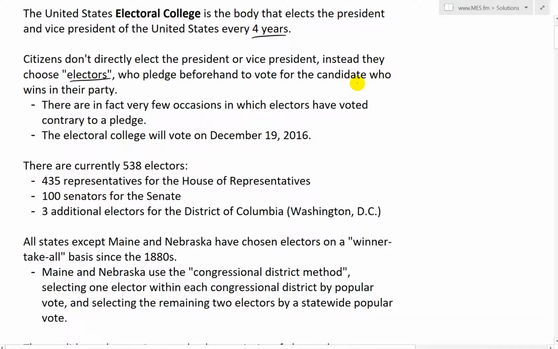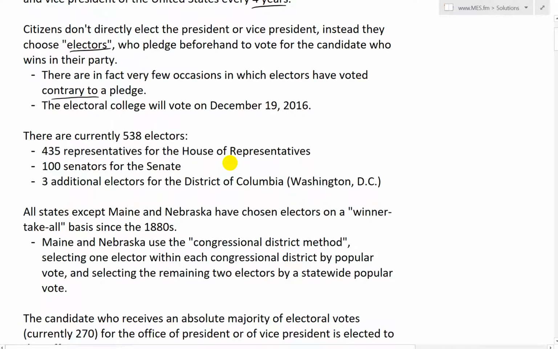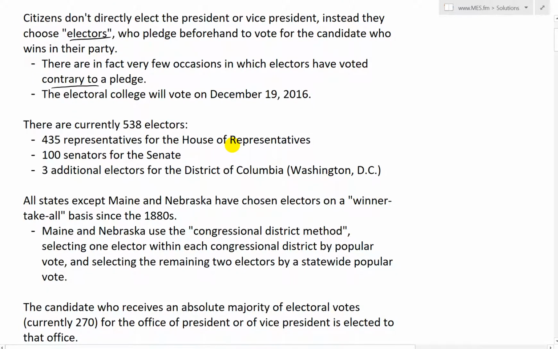There are, in fact, very few occasions in which electors have voted contrary to a pledge. So even though you voted for your president, you're not actually voting for that person. You're voting for someone on your behalf that's pledged to vote for that president, but he or she may not actually vote for him, which is a bit strange.